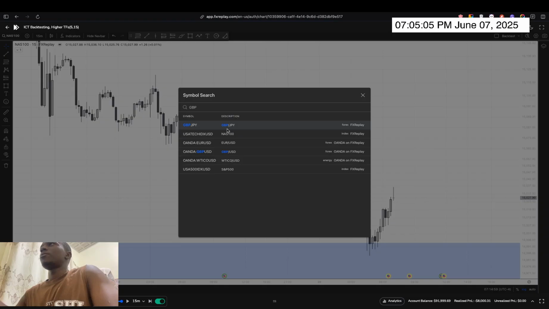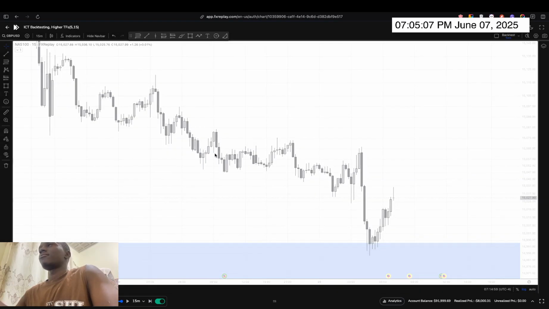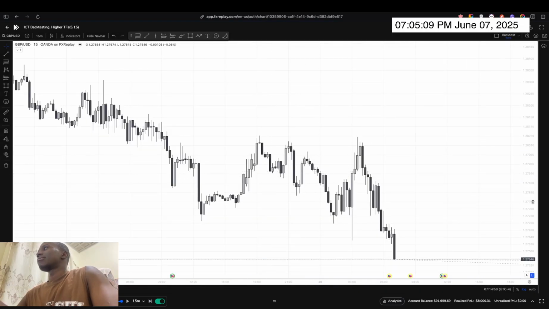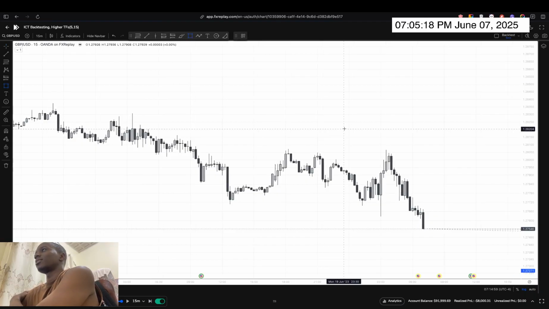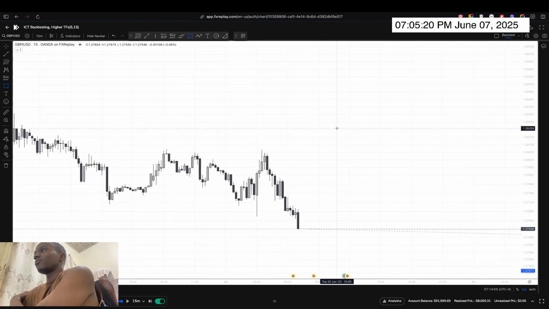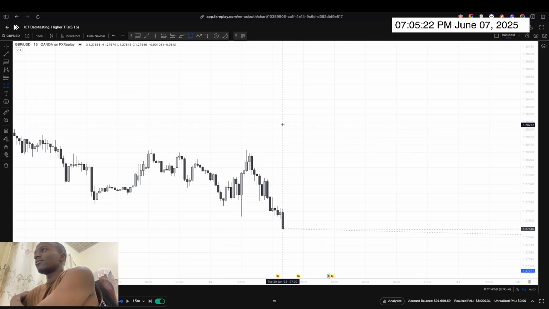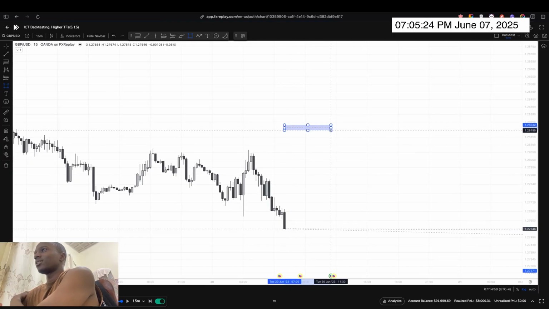And how does GBP USD behave in the kill zones? I don't know, I wish we could add some scripts here. I just want to mark the kill zones and see what happens in the kill zones. So first we've got 7, it's from 7 to when? 7 to 10 right here.